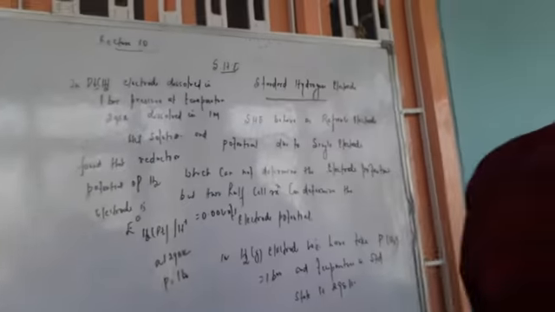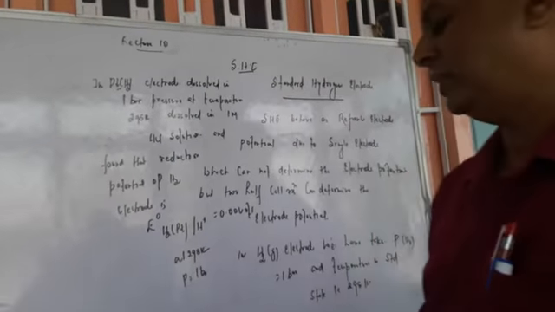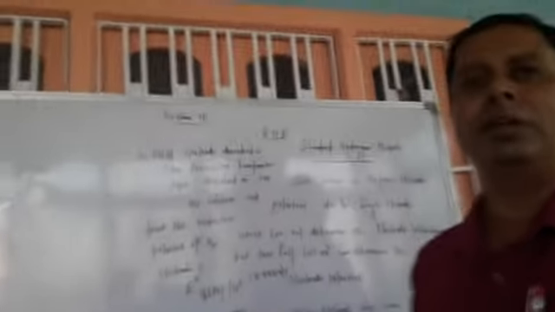So hydrogen is taken as the reference electrode potential, because a single electrode potential cannot be calculated as the EMF of the cell.